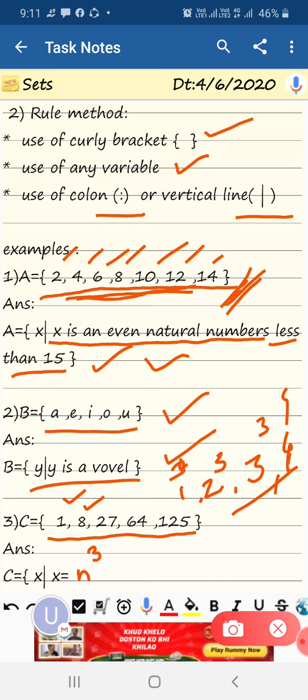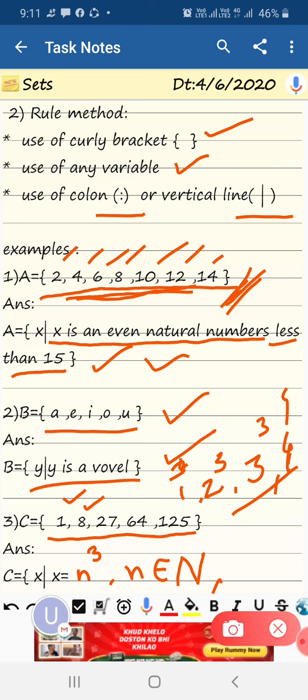x is a cube of a natural number, so here I am writing cube of natural number. But what is the small n? Again we have to define: small n is a natural number, so it belongs to capital N, meaning natural numbers.